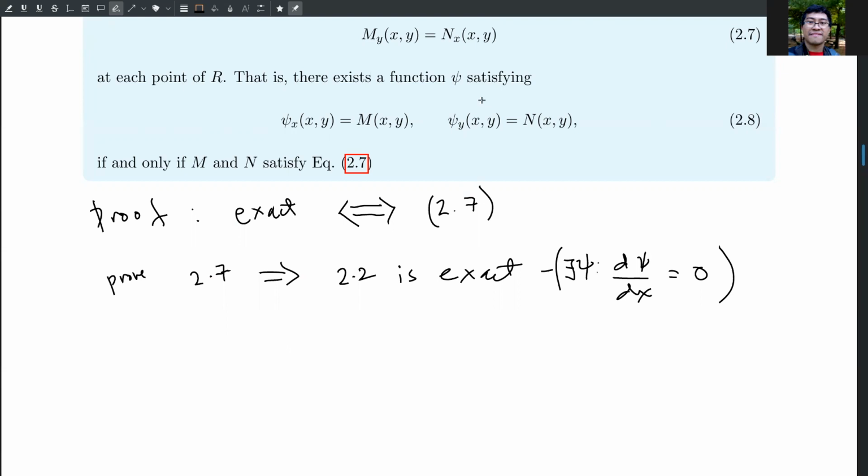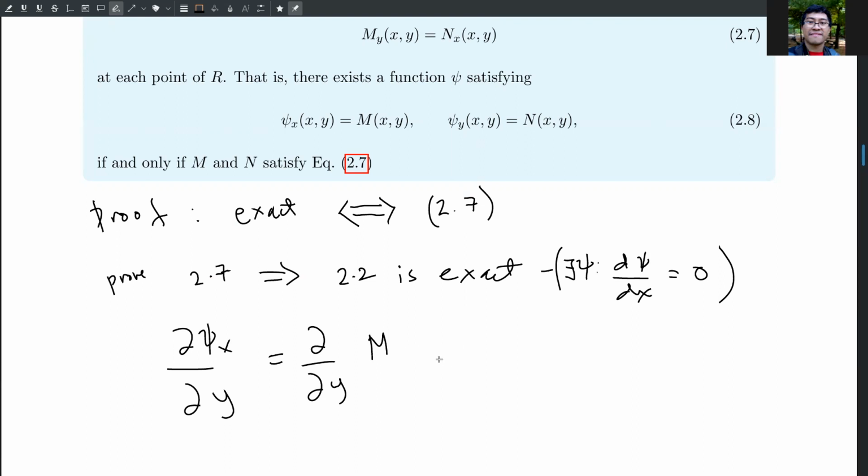Partial derivative of psi x with respect to y is equal to partial derivative of m with respect to y.